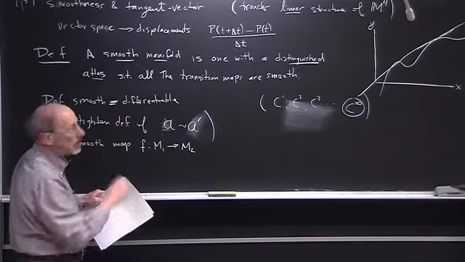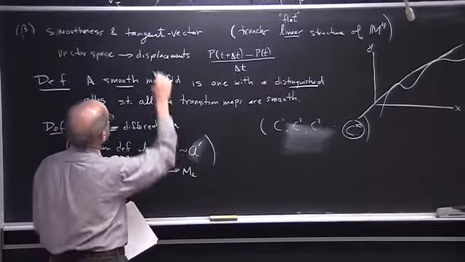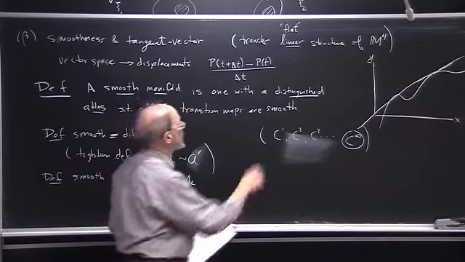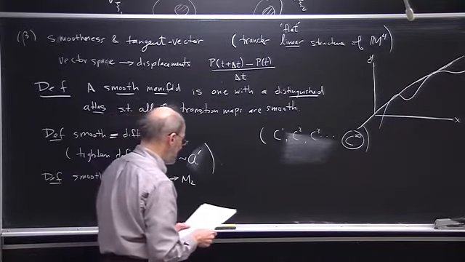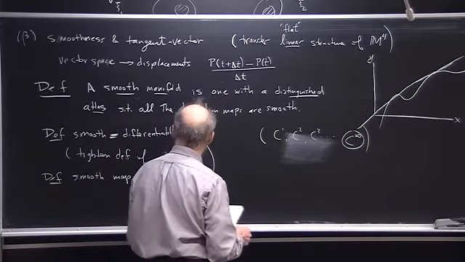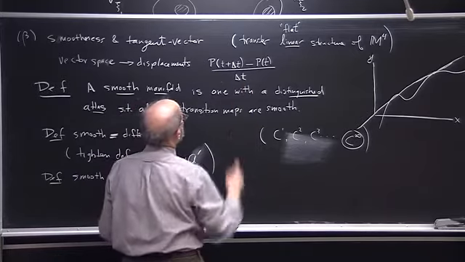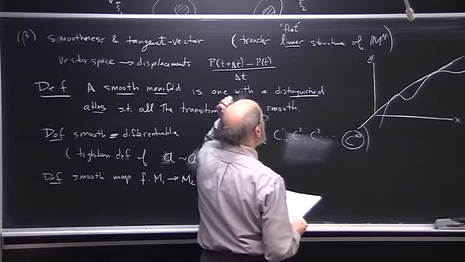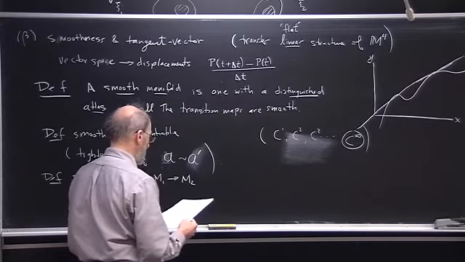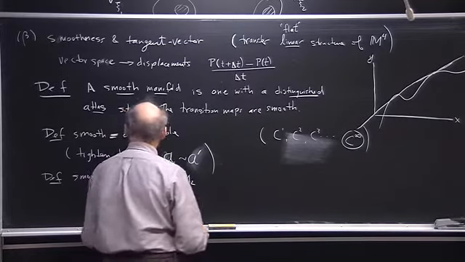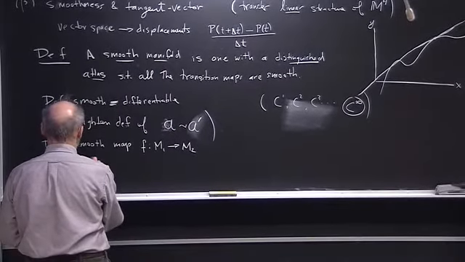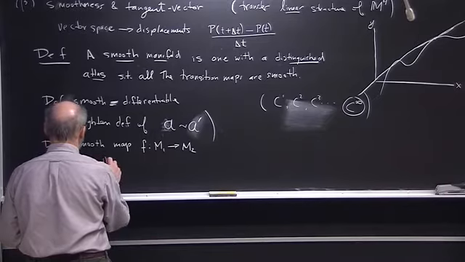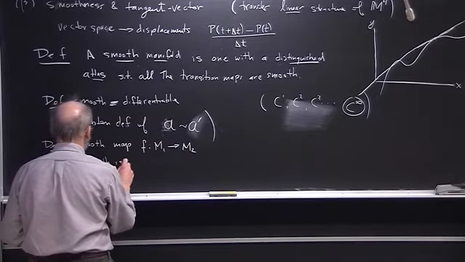So I won't even bother to write it out again. It's exactly the same picture and so on, except where you see continuous there, now you see smooth. So it's smooth if and only if all those maps C2 circle F circle C1 inverse are smooth. And a smooth isomorphism, this is also the same definition, but the name is different.